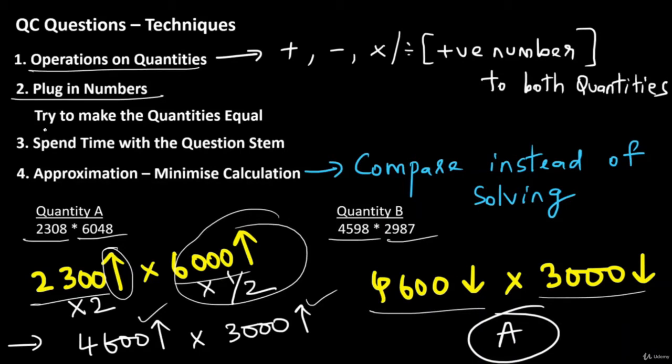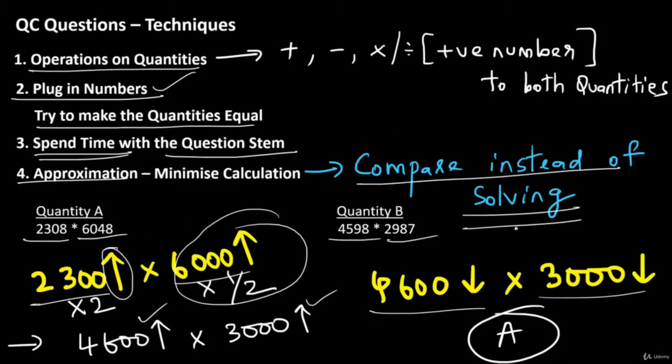Now again we discussed an easy method where trying to make the quantities equal helps you plug in numbers in an effective manner. And remember, if you have a question stem, spend time with the question stem and slow down. Don't rush and make a silly mistake. And the fourth technique that we discussed is try to compare instead of solve. That will save you a lot of crucial time.